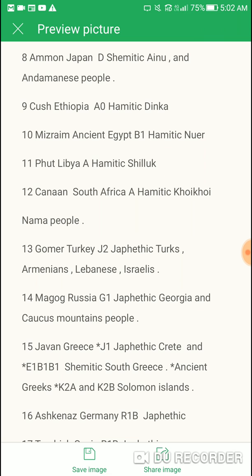I would think a lot of these people would have been E1B1A, because also in that Indian region you have the Siddi people, which are Bantu people that came out of East Africa from the trans-Saharan Arab slave trade, that live in India.